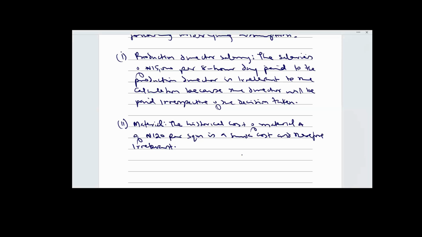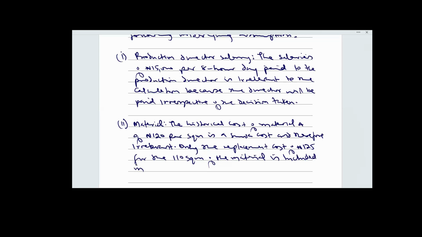So I would then say we can say only the replacement cost of 125 naira for the 110 square meter of the material is included in the calculation.